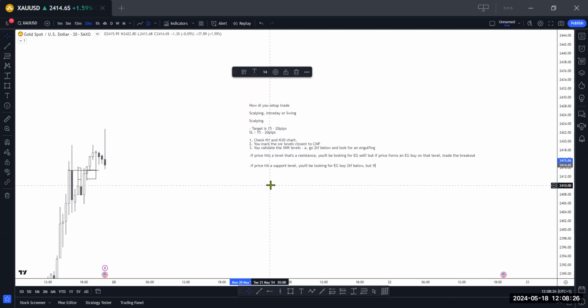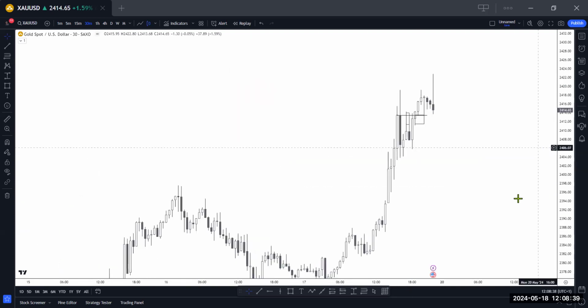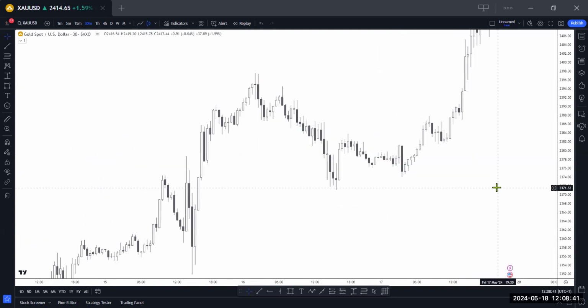But if you get EG sell on that level, trade the breakout. Okay, so let's say an example. EG sell on that level, you trade the breakout.